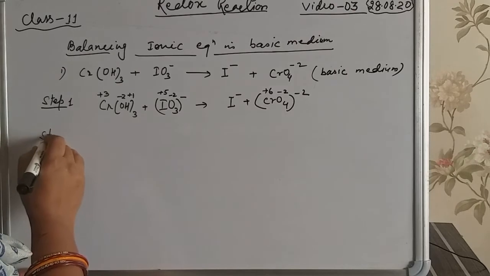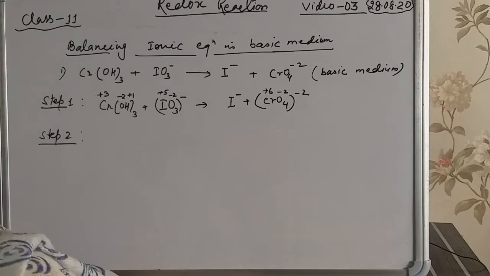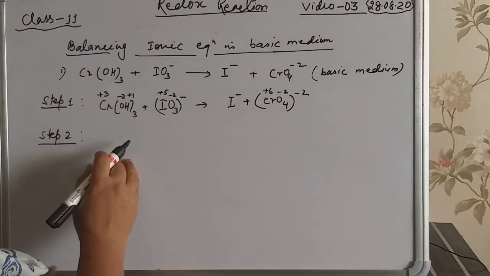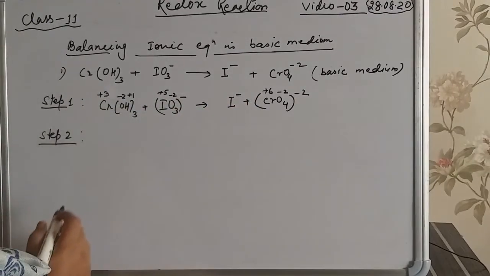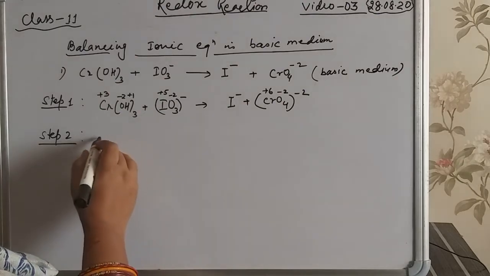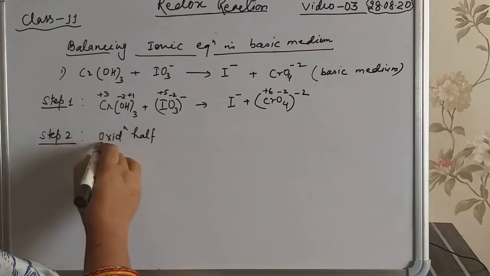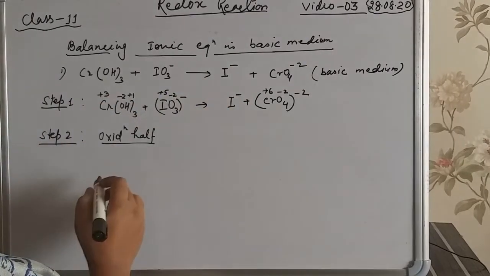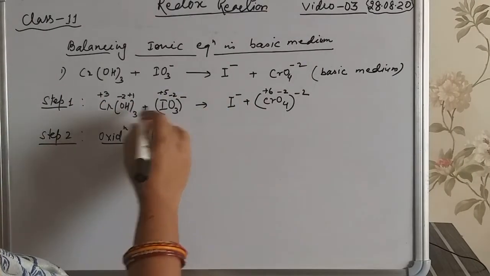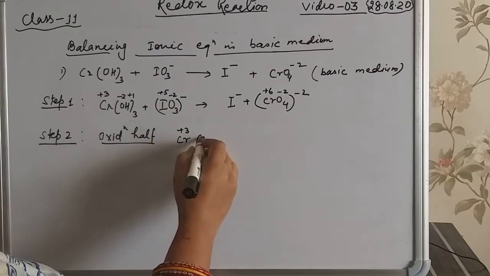So let's discuss step 2. In step 2, we identify the oxidation half and reduction half by finding which oxidation number increases and which decreases. Oxidation half: here we see +3 to +6. An increasing oxidation number is known as oxidation.